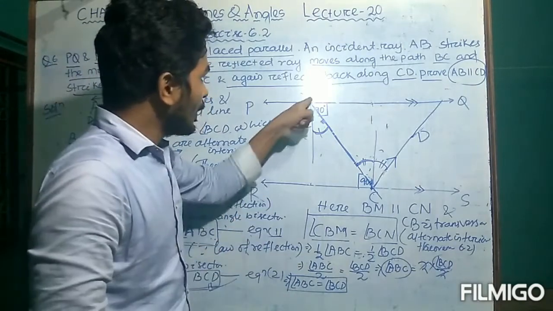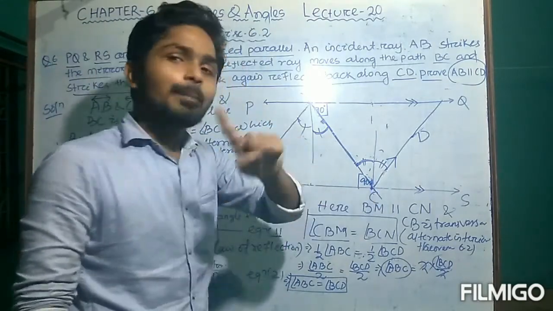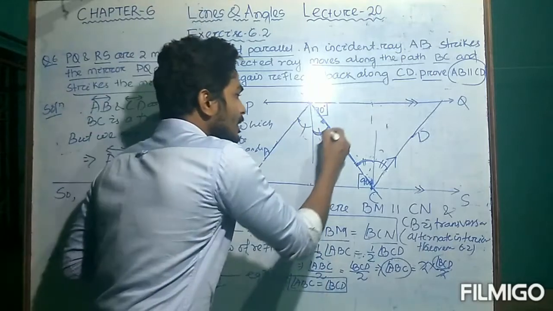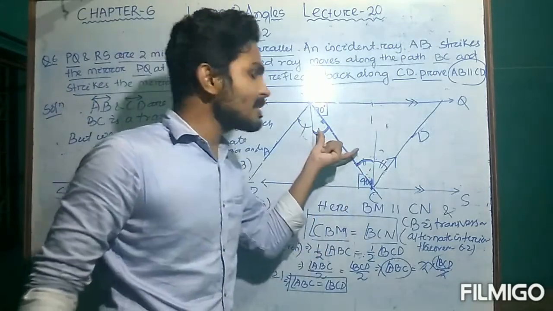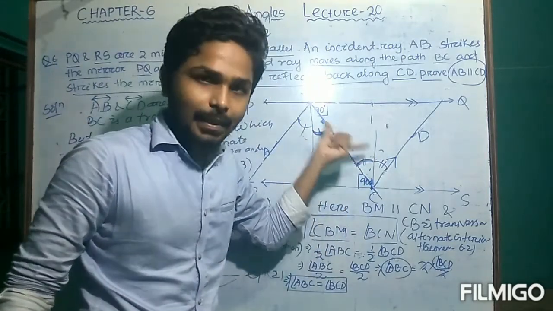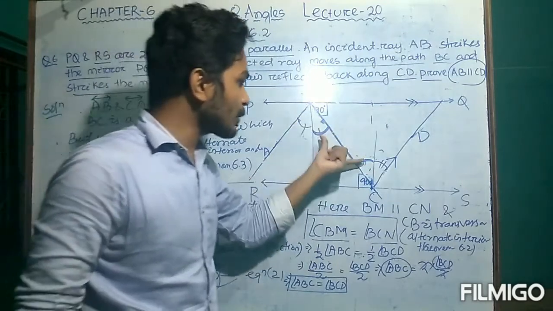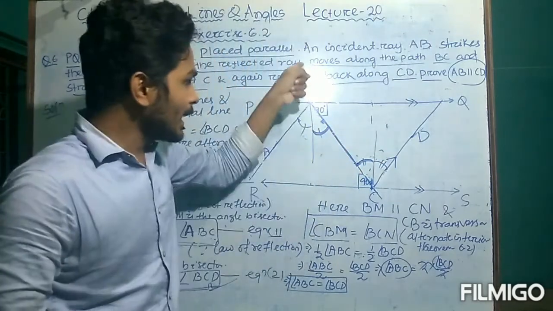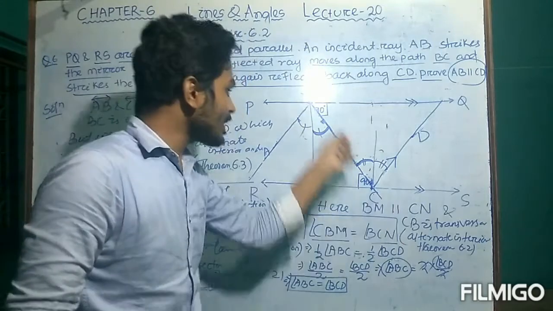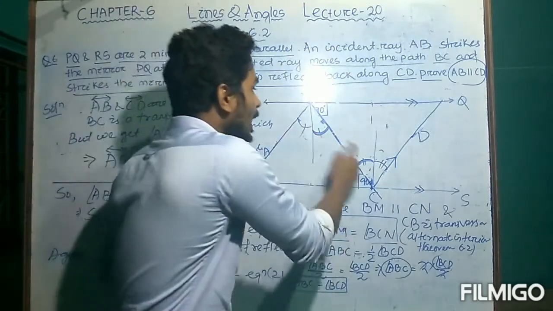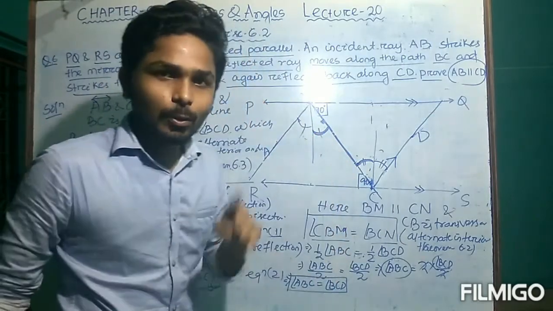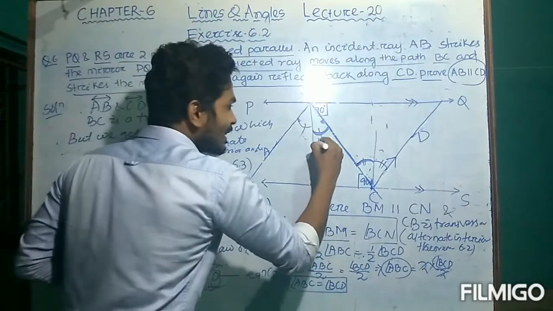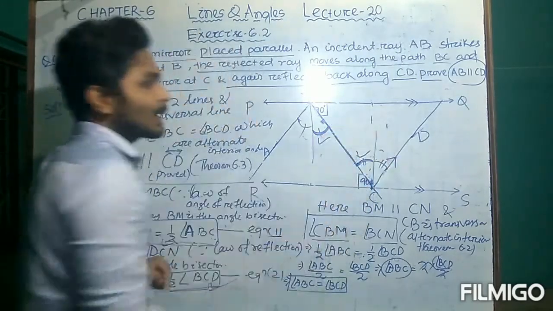Understood? Now, this line and this line are parallel, and these two angles are alternate interior angles. Do you know, according to theorem 6.2, if there is a transversal line between two parallel lines, then the pair of alternate interior angles will be equal. So we find that this angle is equal to this angle.